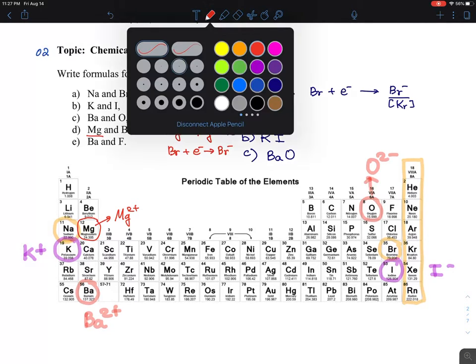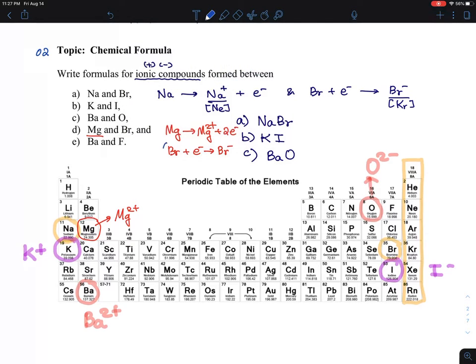So what they need to do is add up the 2 electrons. Now the 2 electrons and 2 electrons are gone. And so therefore you need one Mg and two Br.